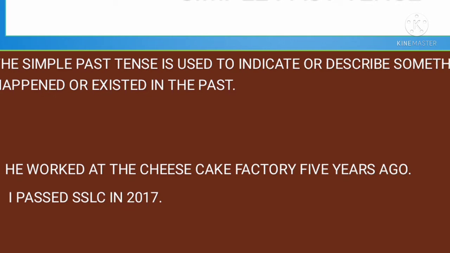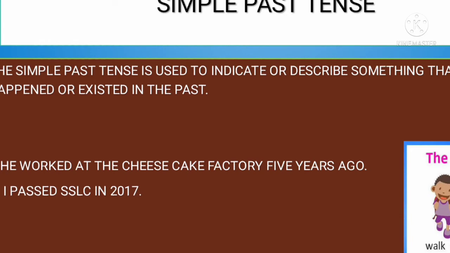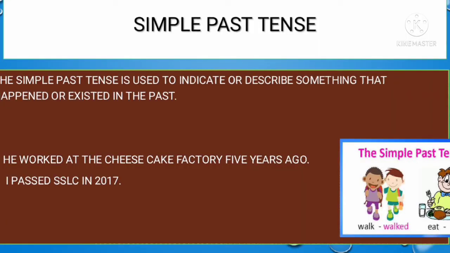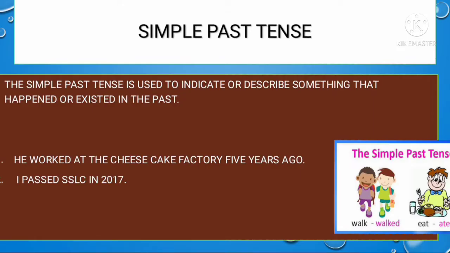Again the second sentence, subject plus passed, that is V2 of the verb pass. Pass V1, passed is V2. It's very simple when we write a simple past tense. There is not much complication. Subject, then we write the second form of the verb or past verb, then the particular time. So simple past tense is also one of the most frequently used tenses in English, so we should give more attention to it.